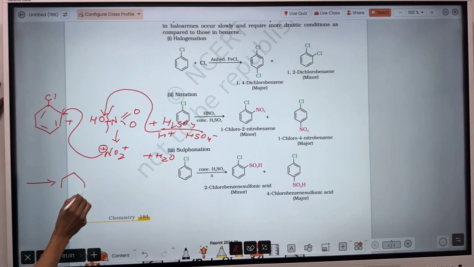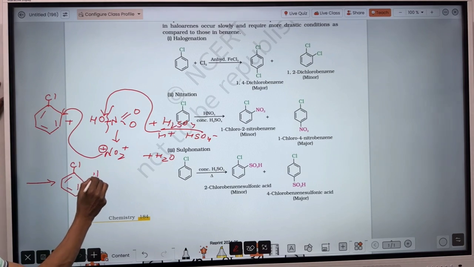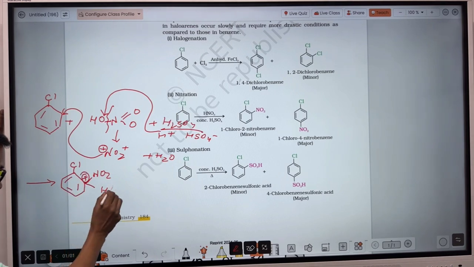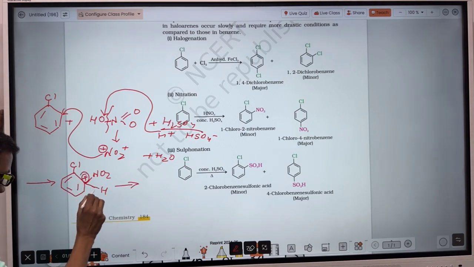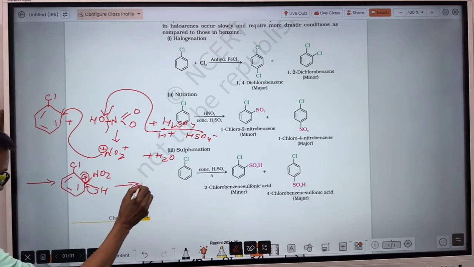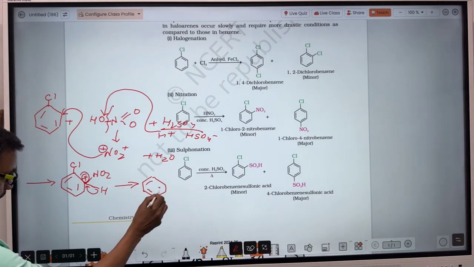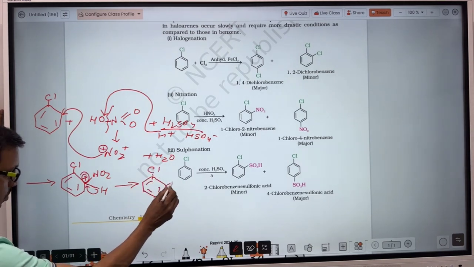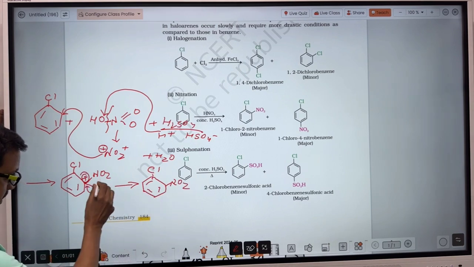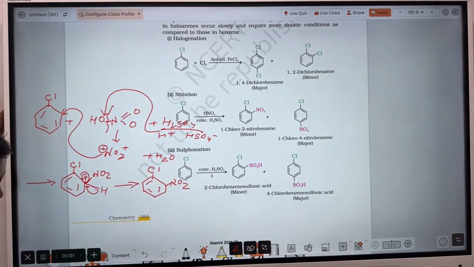So the compound will be, here on hydrogen, there is a positive charge. Now to neutralize this, the carbon takes the electron of H plus. So the compound will become like this. In the first case, I have shown you at the ortho position, and the same happens at the para position.